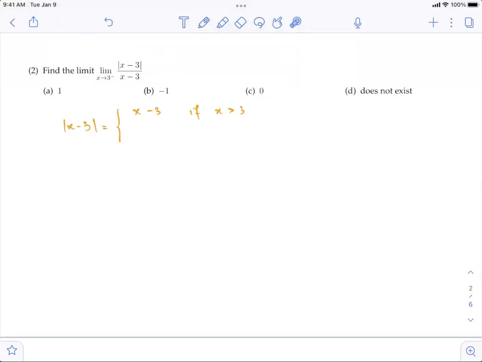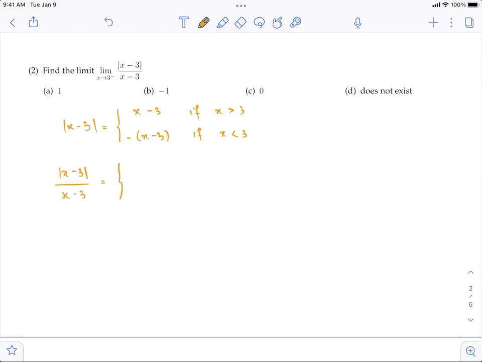denominator x minus 3, right? So when x equals 3, the function does not exist. So let's not consider the equal part. Now you have a negative x minus 3 if x is less than 3. So this is the piecewise defined function for the numerator. Now combine it with the denominator, that is the absolute value of x minus 3 over x minus 3.